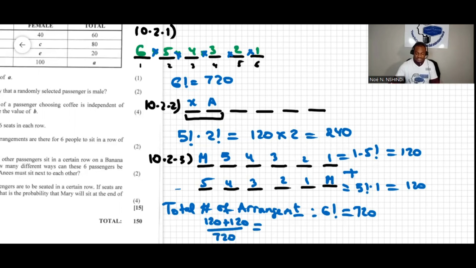It doesn't matter if, when you're watching this video, my left may be your right, but you understand. Here you just add this up, that makes 240 over 720. If you divide this, that makes a third. So the probability is 1 over 3, or 33.33%. Thank you.